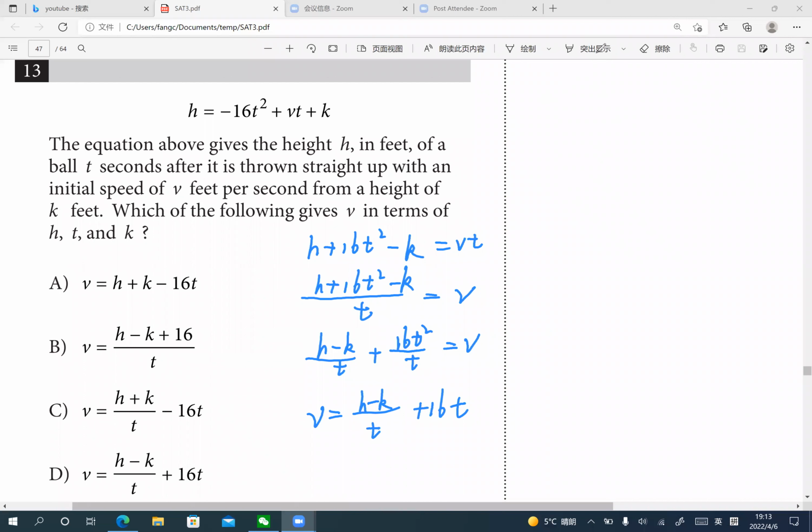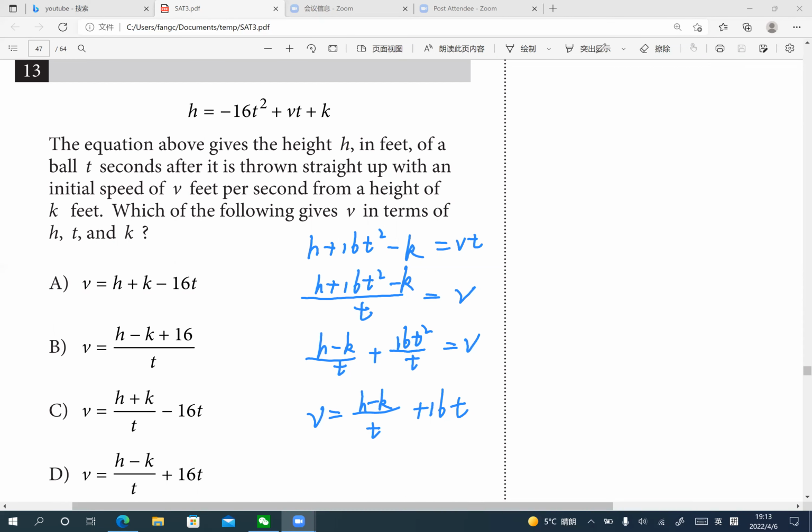Question 3. h equals negative 16t squared plus vt plus k. The equation above gives the height h in feet of a ball t seconds after it is thrown straight up with an initial speed of v feet per second from a height of k feet. Which of the following gives v in terms of h, t, and k?